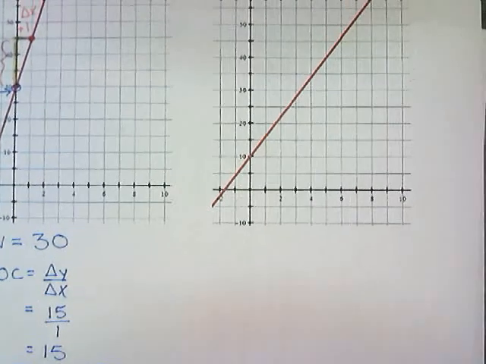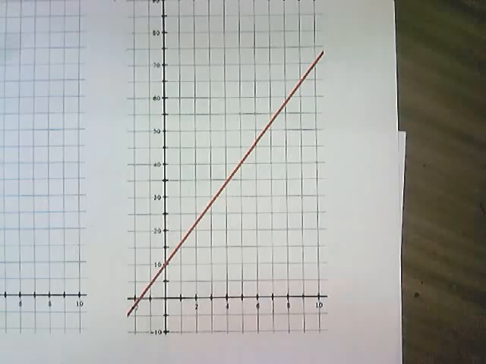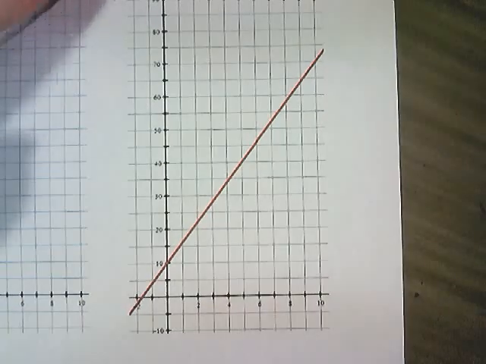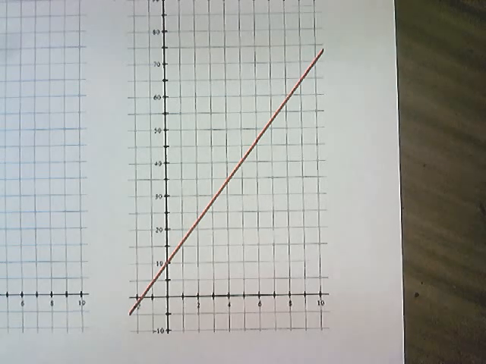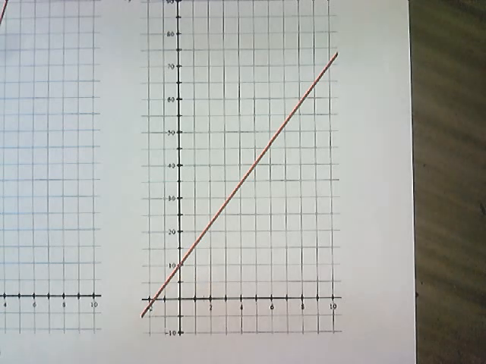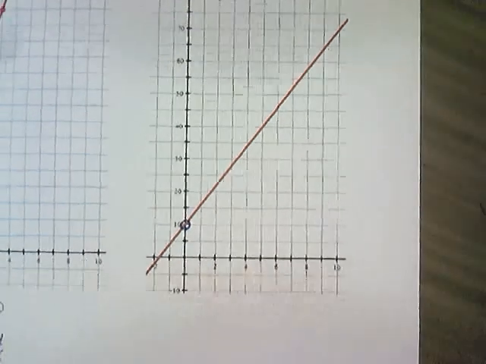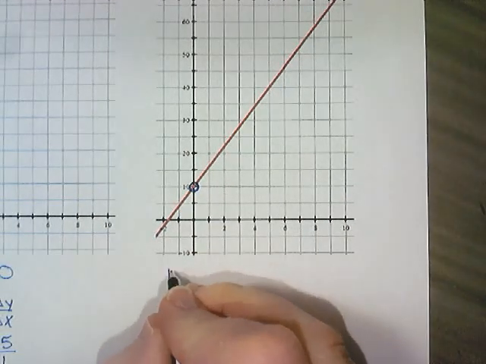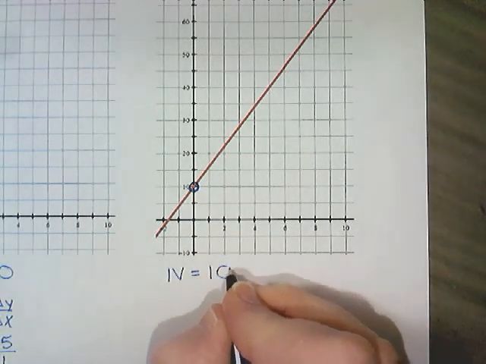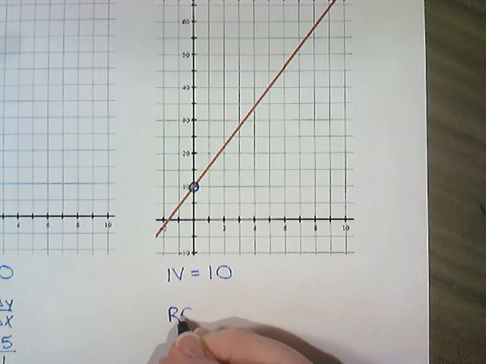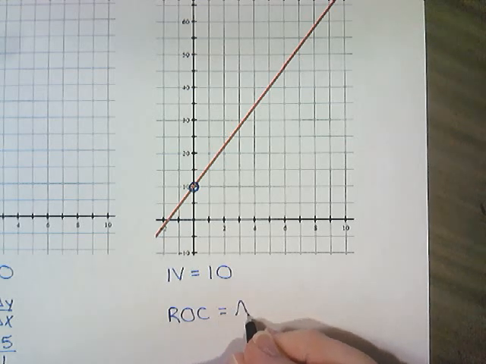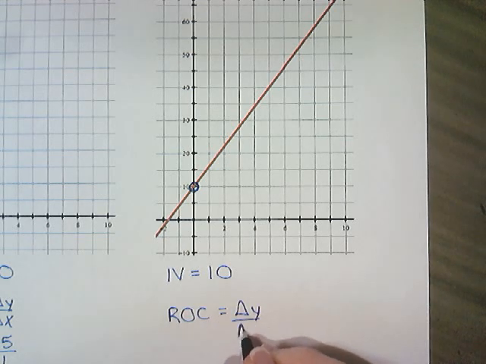Now we're going to try the next one. Same idea, slightly different graph. So initial value is where it crosses the y-axis, and it currently crosses the y-axis at 10. So my initial value is 10. And then my rate of change is delta y over delta x.